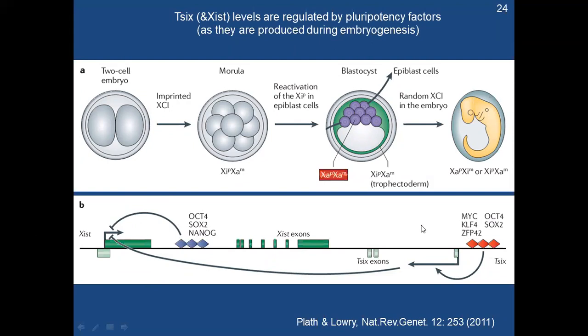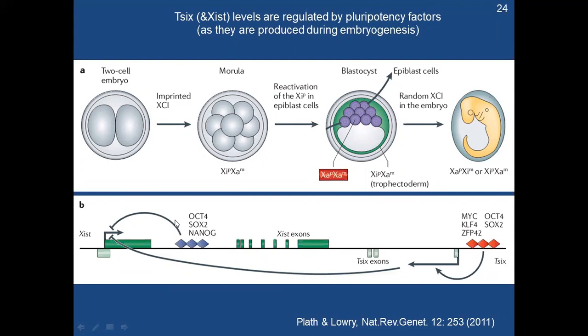What are they doing? These are produced when the embryo is pluripotent, so in epiblasts. Here we have both the paternal and the maternal X chromosome active. Why? Because we are producing a lot of pluripotency transcription factors, and they are transcriptional activators of Tsix.